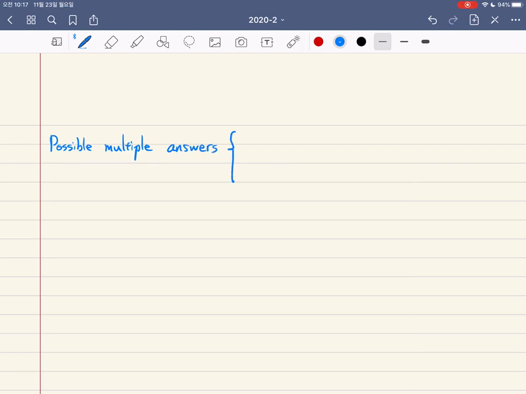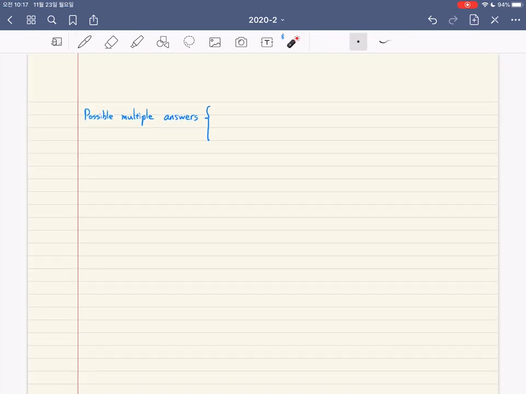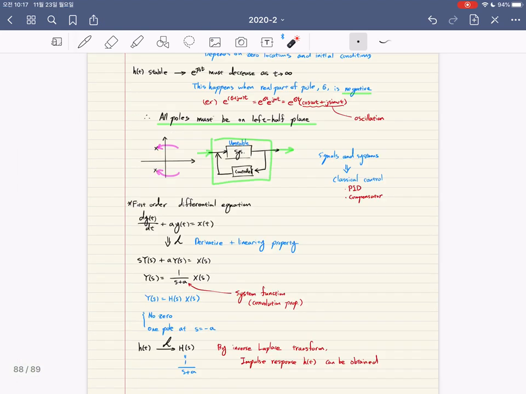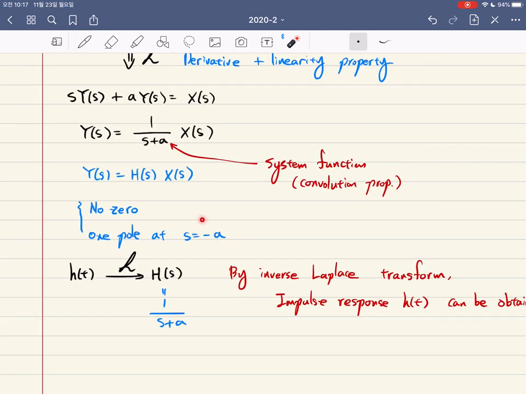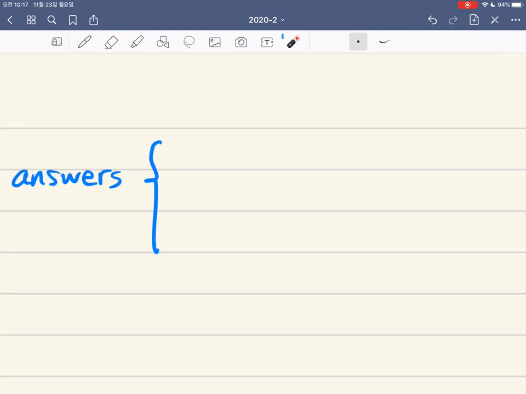For this simple problem, if the region of convergence is bigger than minus a, so the pole will be our boundary, which means the real part of s is bigger than minus a, then you will have e to the minus a t times the unit step function.